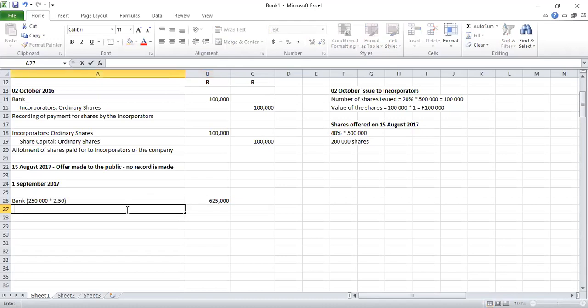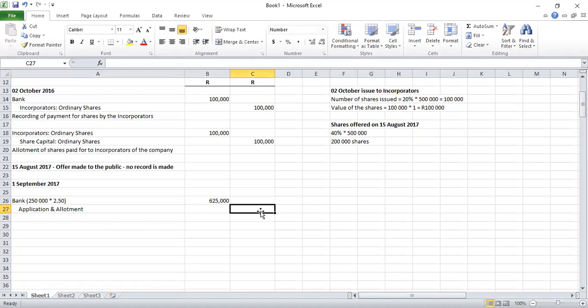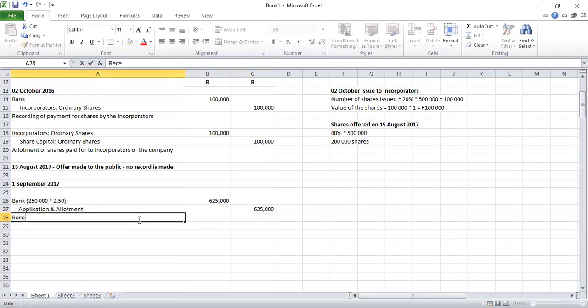Then we credit application and allotment. Receipts of application monies.